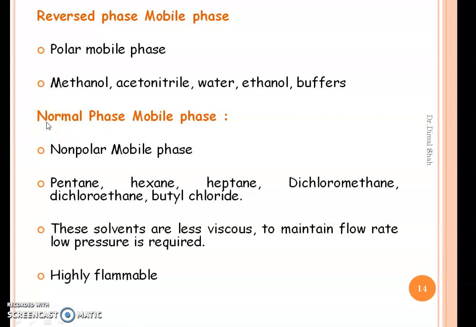And for normal phase conditions, the mobile phases used are non-polar, such as pentane, hexane, heptane, dichloromethane, dichloroethane and butyl chloride. These are a few examples which can be preferred as a mobile phase in normal phase conditions. These solvents are less viscous, so it is easy to maintain a flow rate with low pressure. But the disadvantage is that they are highly flammable.